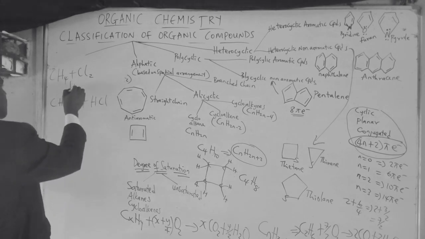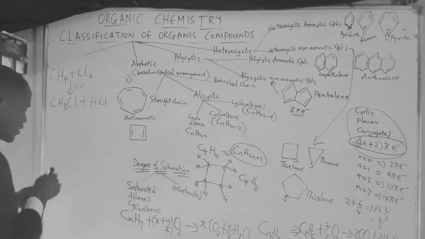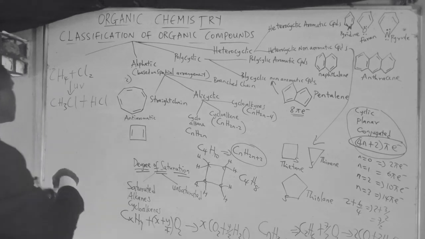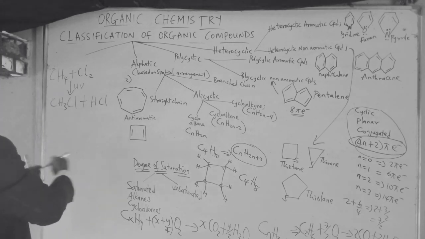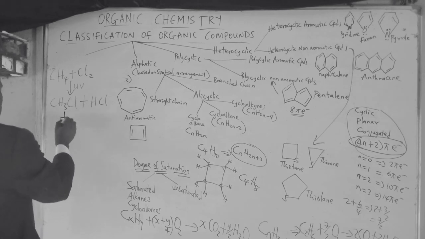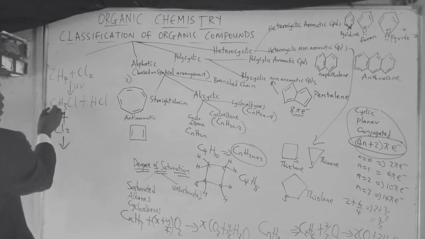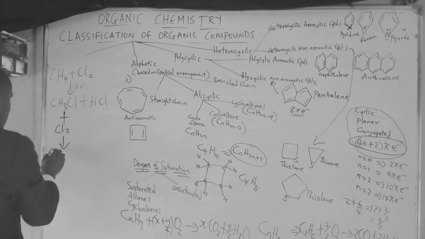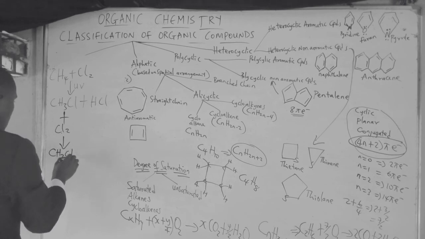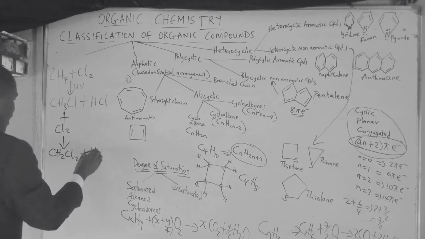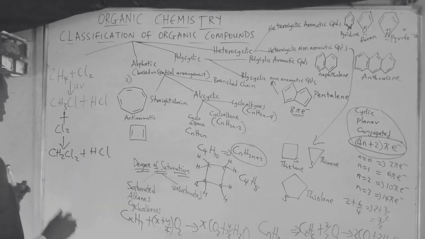This is in the presence of ultraviolet ray, in the presence of light. Then this will also react with chlorine again, one chlorine replacing one hydrogen, to give us CH2Cl2 plus another hydrogen chloride gas.